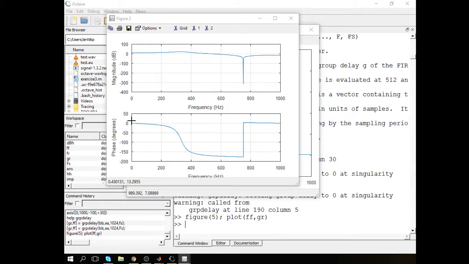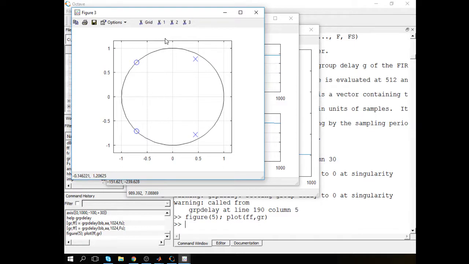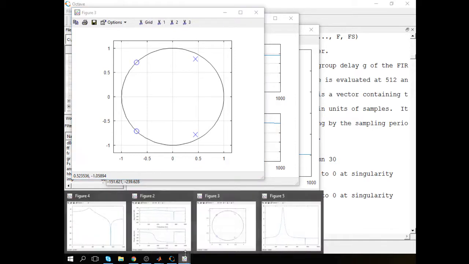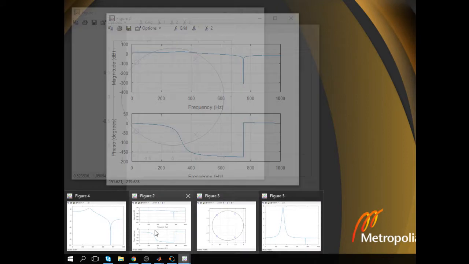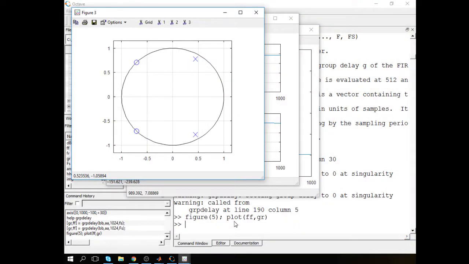All right. So now I have group delay. I have this one showing it's an infinite impulse response system. Well, actually, yeah, one figure is missing, but anyways, this also shows that it's an infinite impulse response system.